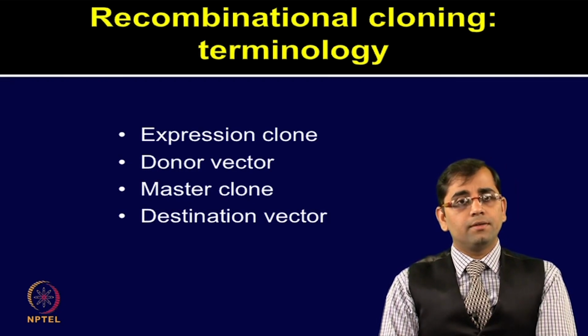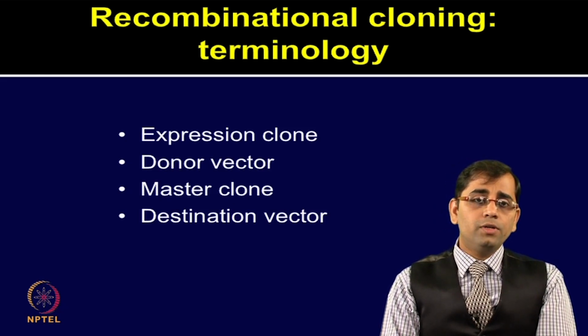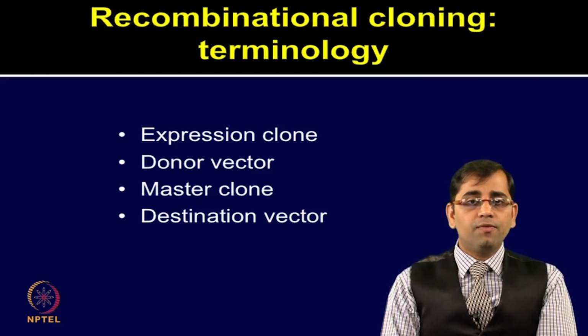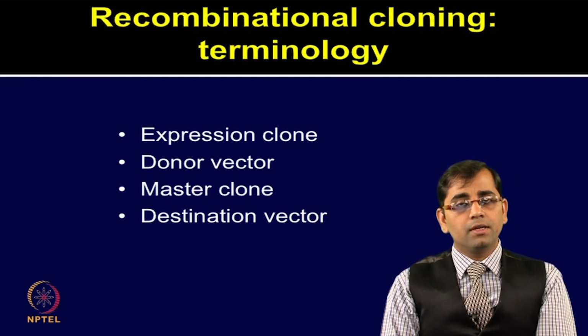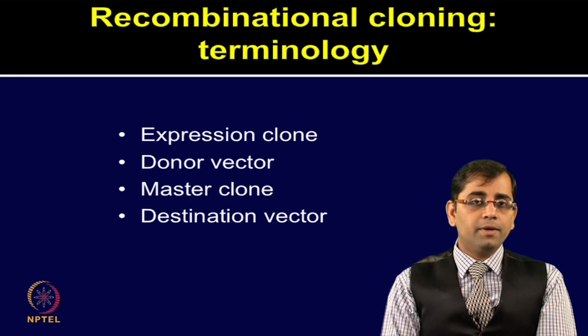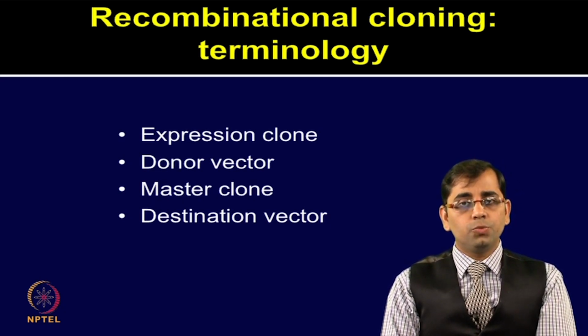What is the donor vector? The donor vector consists of a counter selectable gene which is flanked by att P sites, which recombines with the gene of interest flanked by att B sites in the BP reaction to produce a master or entry clone.